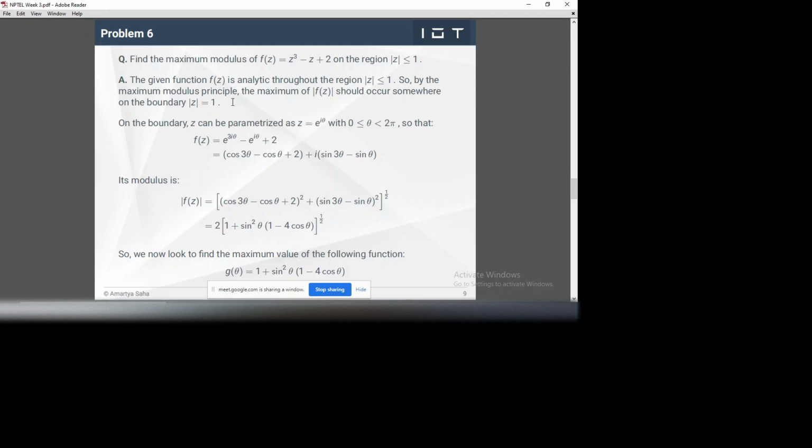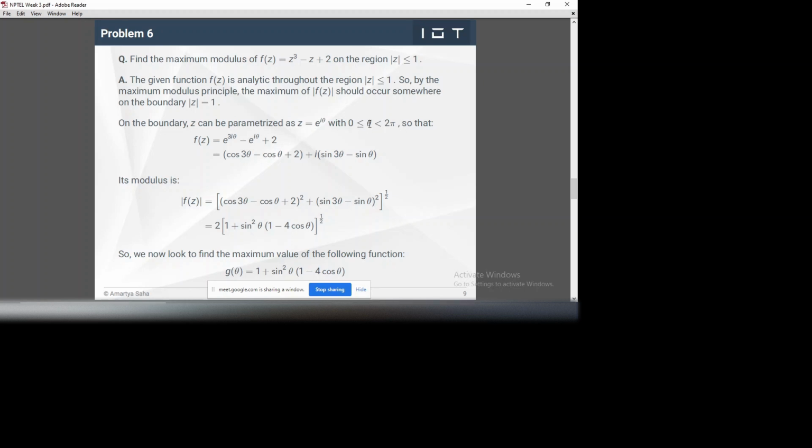So now we will not bother about the interior region. We will only consider the boundary, which is the unit circle. As we are all familiar, the unit circle mod z equal to 1 can be parameterized as z equal to e to the power i theta, where theta varies from 0 to 2 pi.